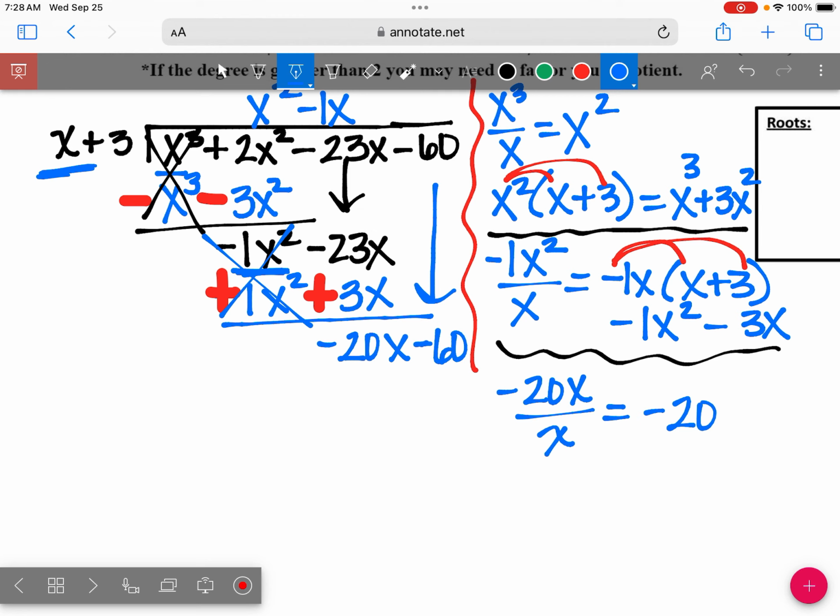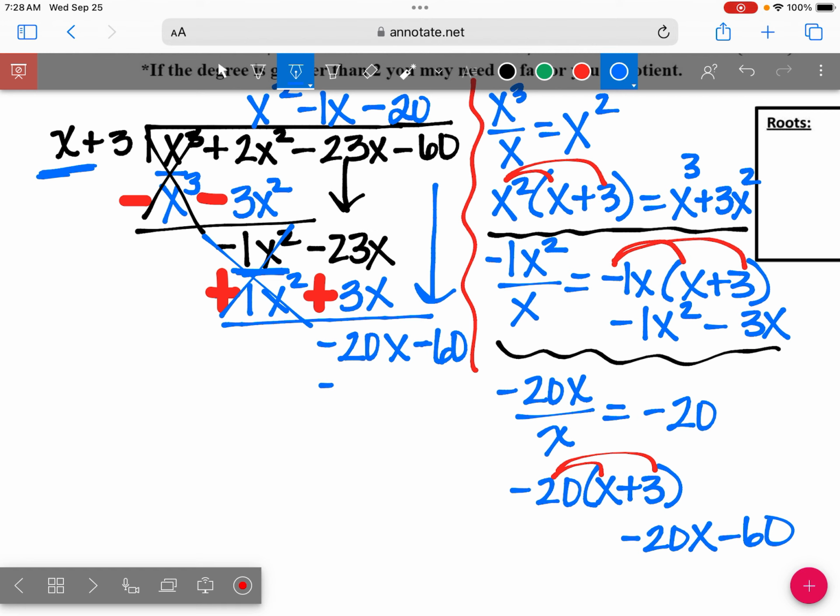Put that on the roof. Then take that negative 20 and multiply it by x plus 3. And you should get negative 20x minus 60. So negative 20x minus 60. Change.